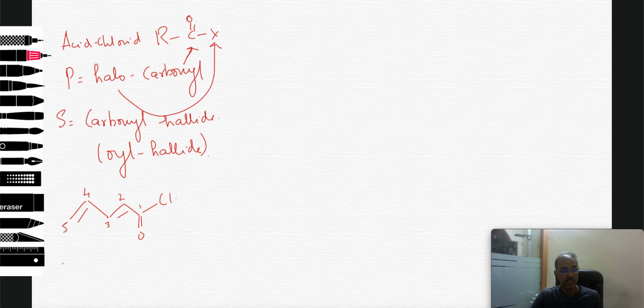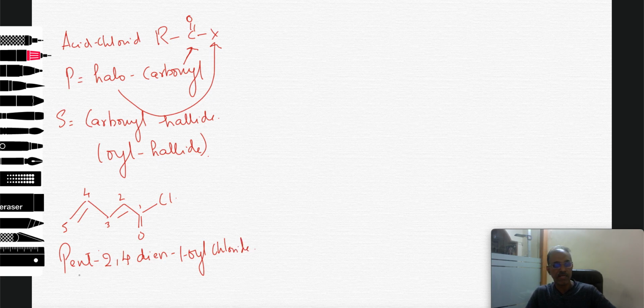This will be penta-2,4-diene-1-oyl chloride.